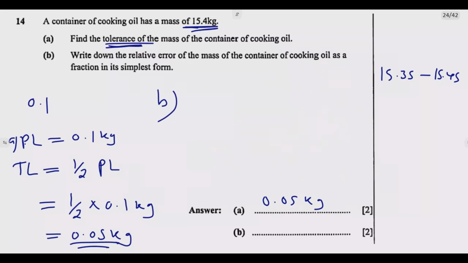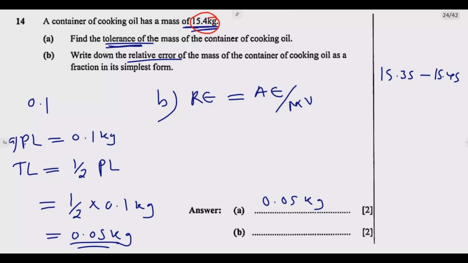Then B. For B, we need to find the relative error. So relative error, which I will call RE, is given by the absolute error, which is the tolerance, divided by the measured value. The measured value is the 15.4 that we are given.